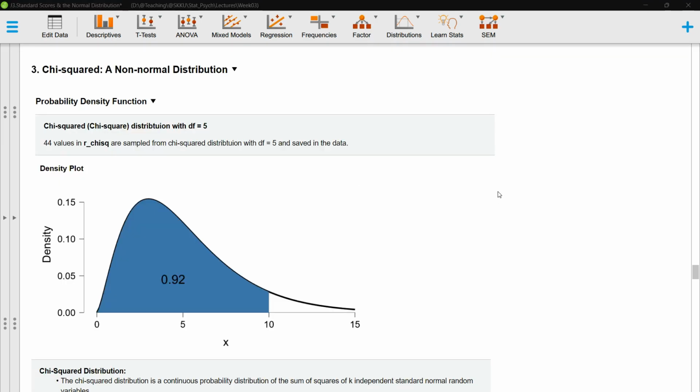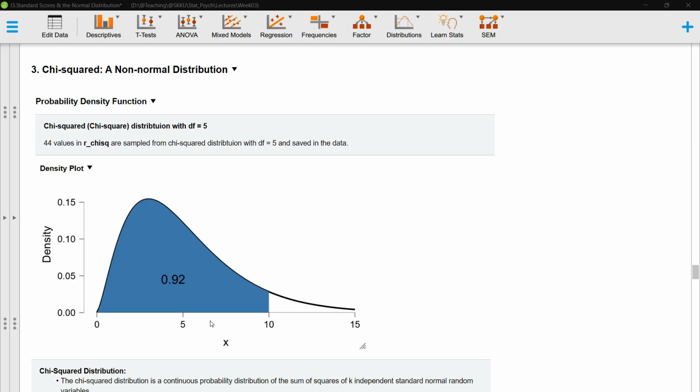Now let's talk about a non-normal distribution, and in this case we will use a chi-squared distribution. This is a typical non-normal distribution, and we will use a chi-squared distribution a lot in later lectures. So let me give a brief introduction of the chi-squared distribution.